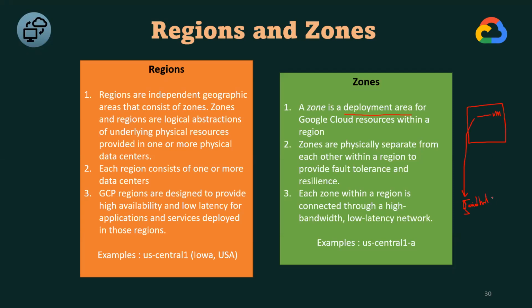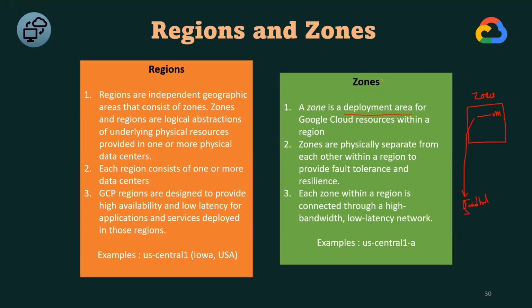Where are we deploying? On this zone only. Zones are the deployment areas. Zones are the availability zones. Zones are where exactly the physical resources exist. So sometimes we call it an availability zone, sometimes a deployment area, sometimes the place where the actual resources exist.